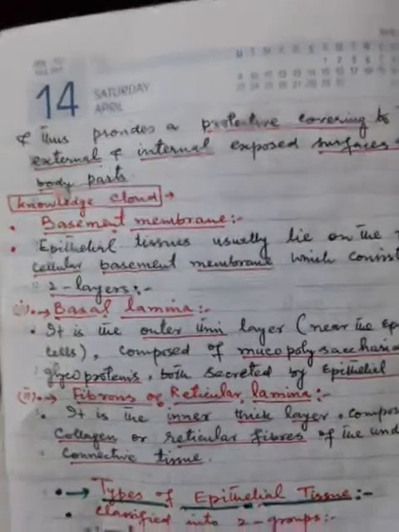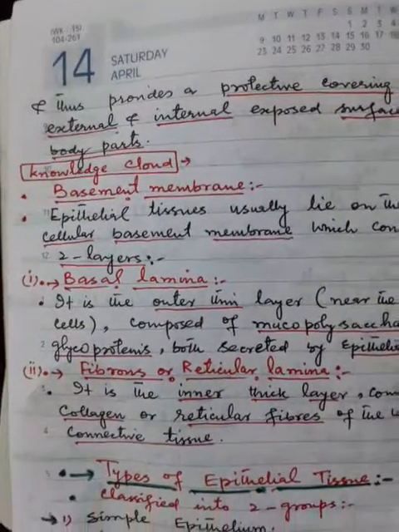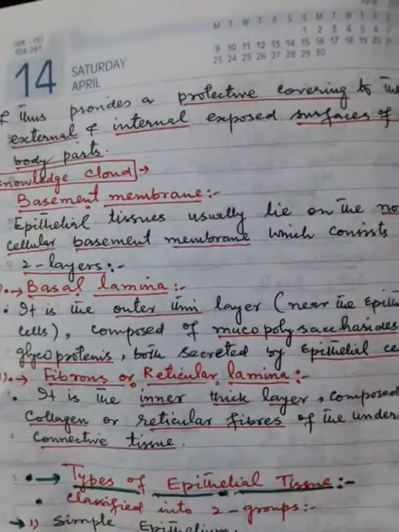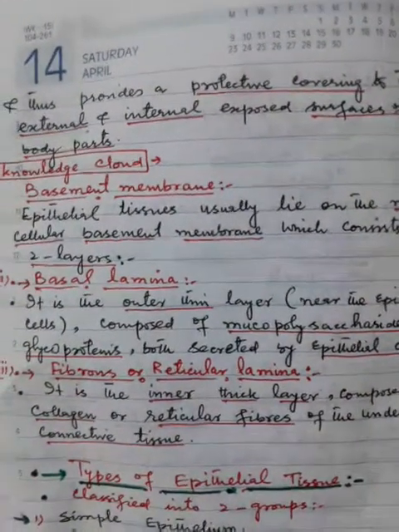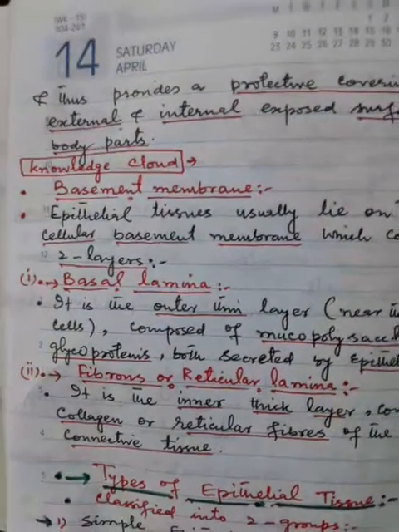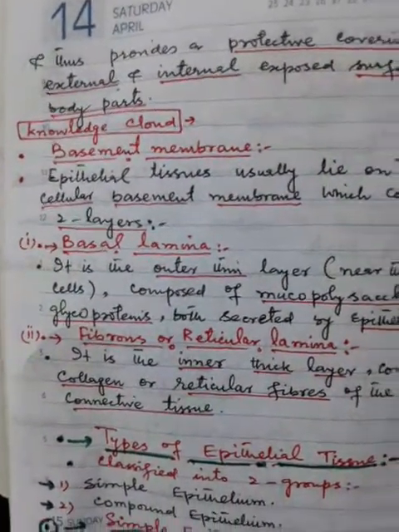Knowledge cloud. Basement membrane. Epithelial tissues usually lie on the non-cellular basement membrane, which consists of two layers. Number 1, basal lamina. Number 2, fibrous or reticular lamina.